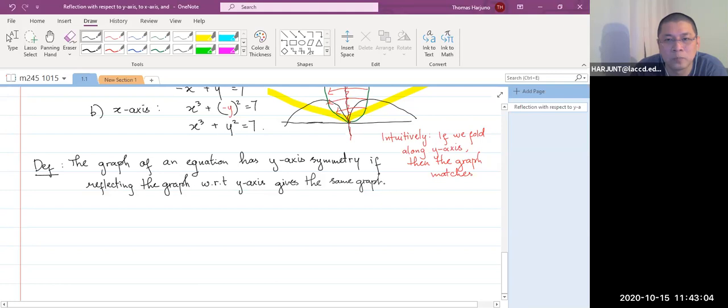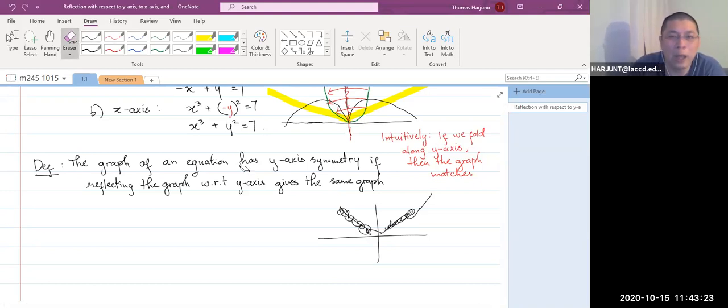Right? So if you reflect, for example, absolute value, all the points here will go here, and all the points here will go there, right? If you reflect with respect to the y-axis, you get the same graph.